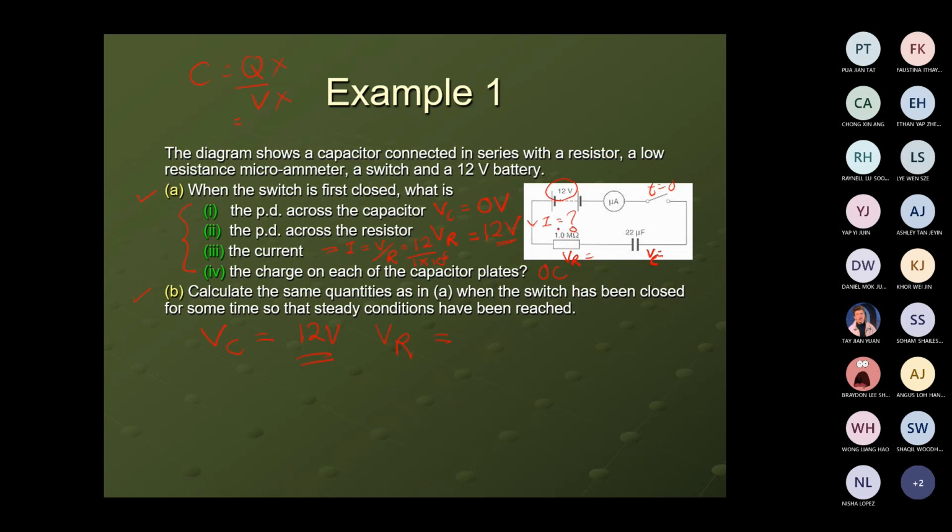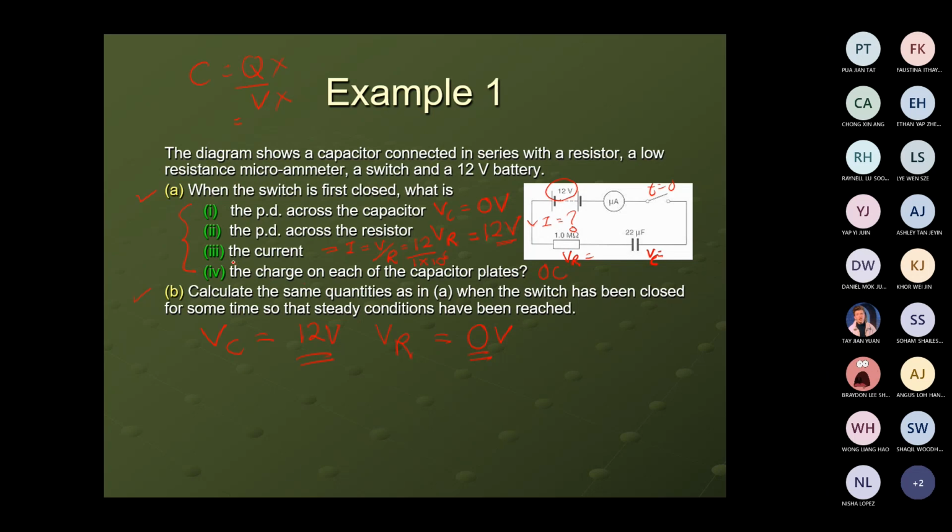Resistance only takes voltage when there is current flowing through it. When the capacitor is 12 volt, the total EMF of the circuit becomes 0, and current flow drops to 0. So what is the voltage across the resistor? It will be 0 volt, correct? 0 volt.